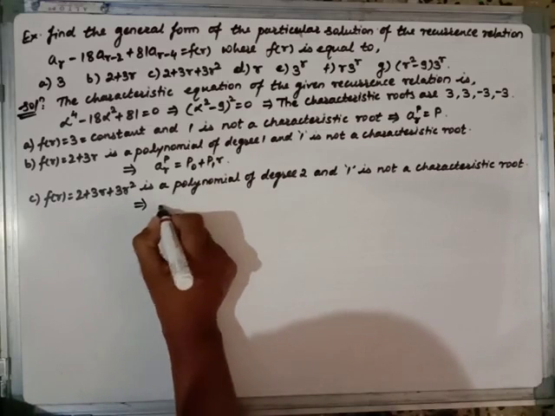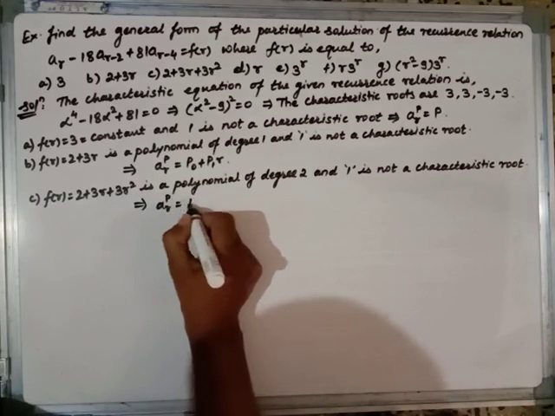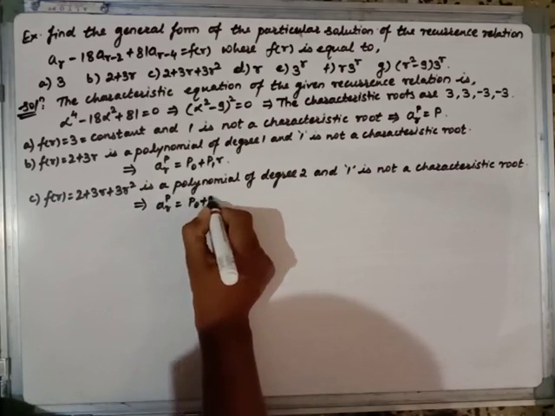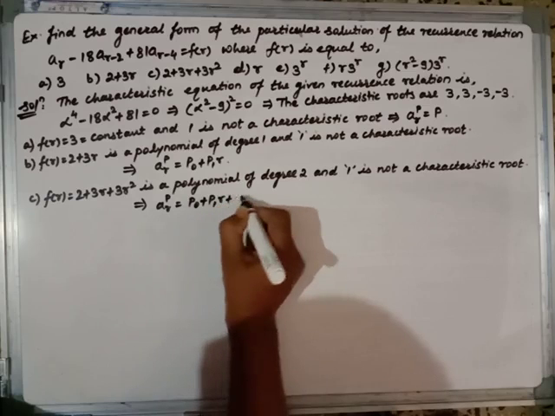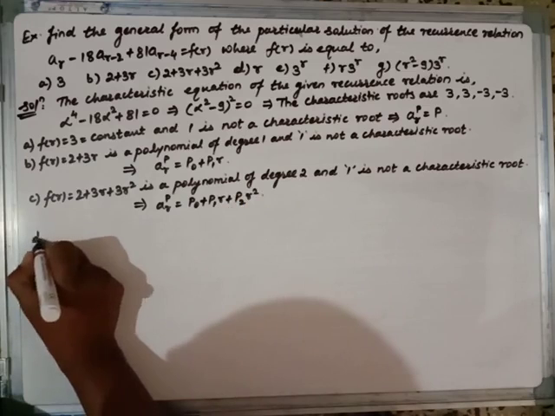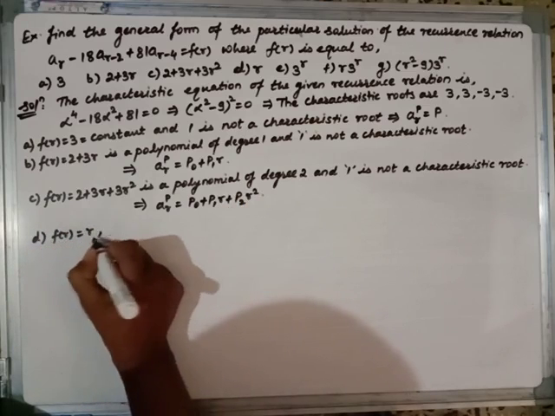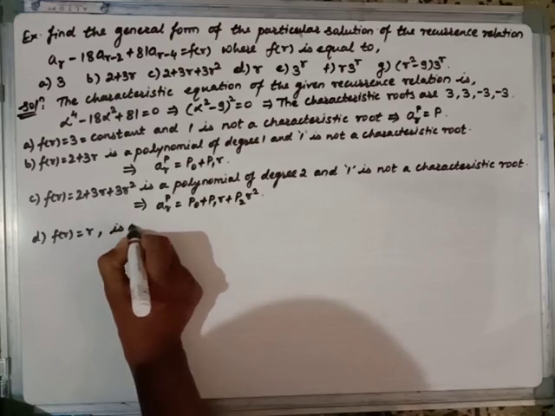So here also the particular solution is P0 plus P1 r plus P2 r square.